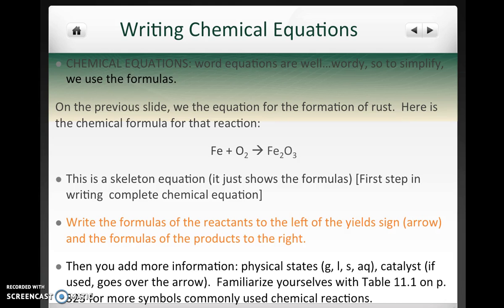It just helps to speed the process up, because some of the reactions, especially in our body, if we just let them take place naturally, they would never happen, or we would die before they happened if we didn't use those enzymes, those catalysts, to speed them along. Look at table 11.1 on page 323 for more symbols that we use in equations more often.